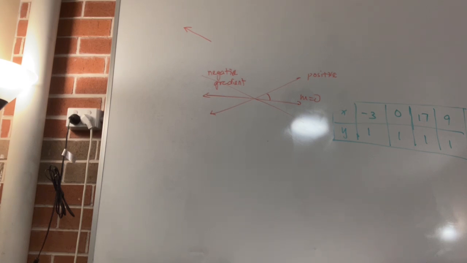Negative. Yes, because it is facing the other way. And what about E? Is the gradient positive or negative? Positive. And what about question F? Positive. Okay, now you have the equations.